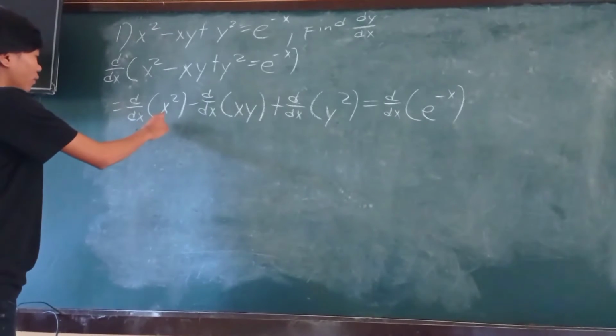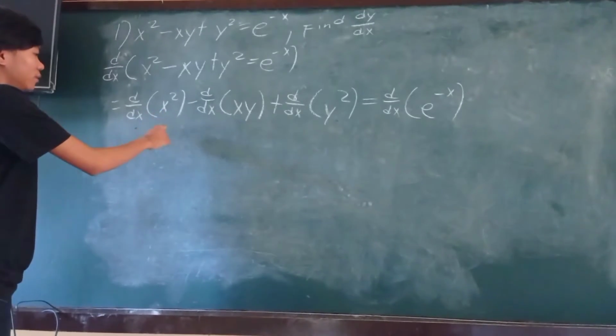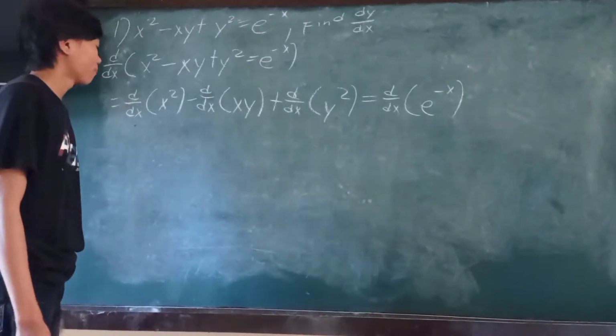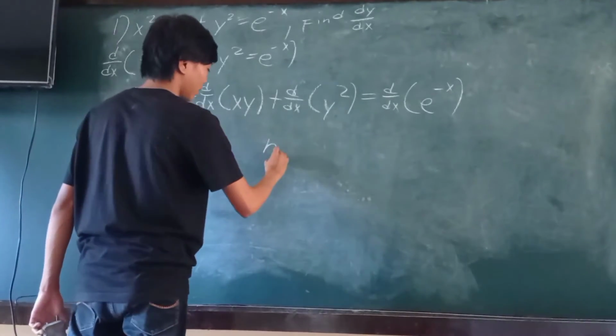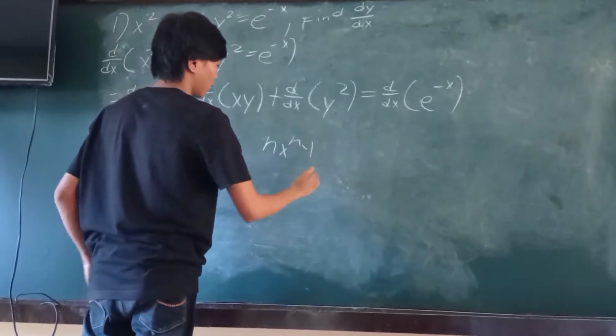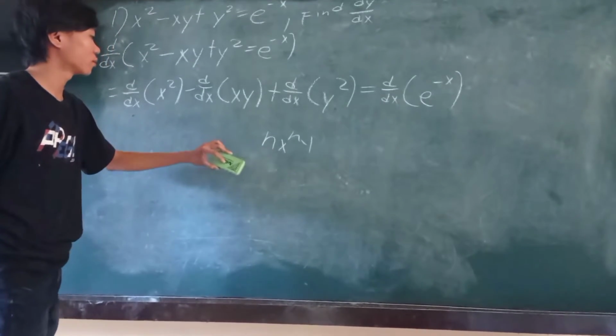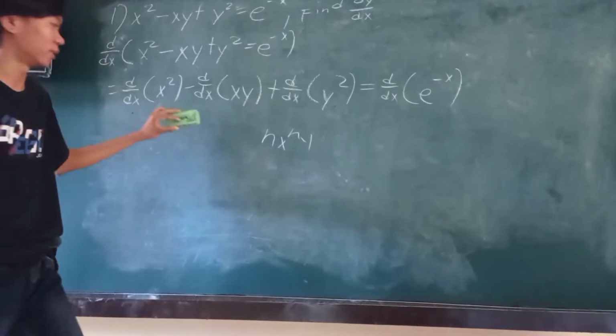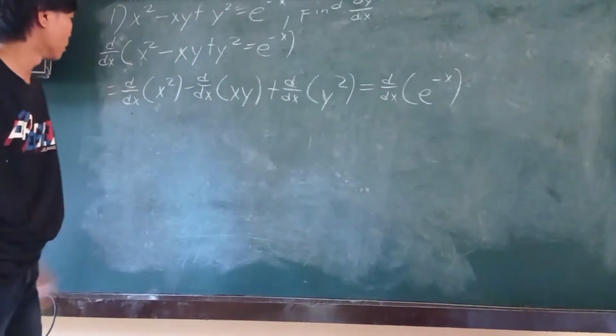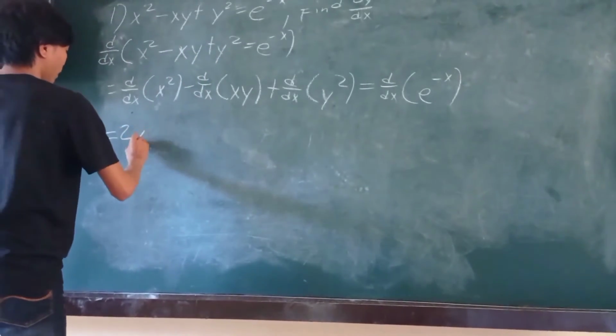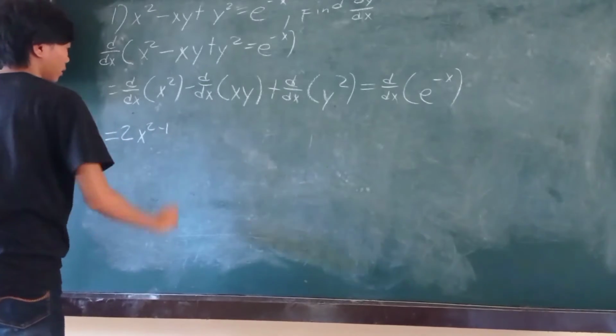Then the derivative of x squared, we use the power rule, which is n x to the n minus 1. So this is the formula that we use to get the derivative of x squared. So 2x to the 2 minus 1.